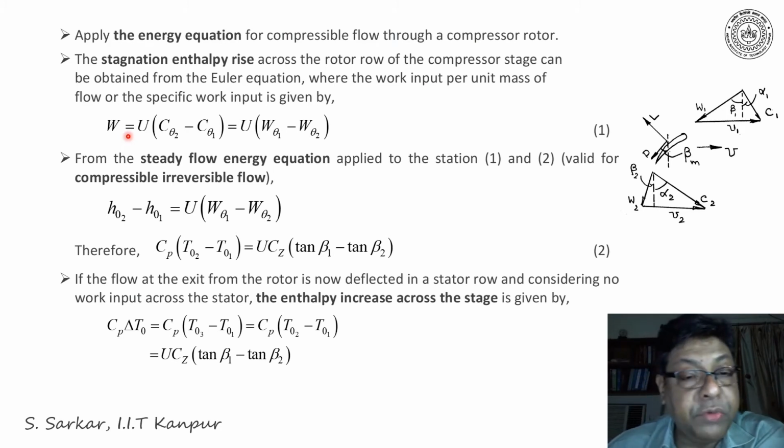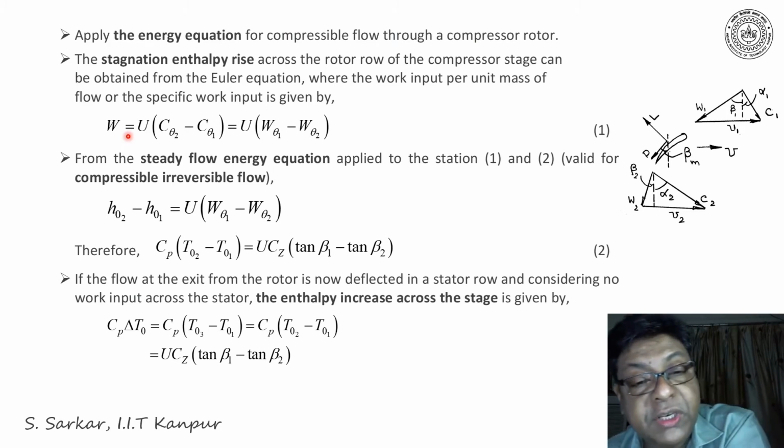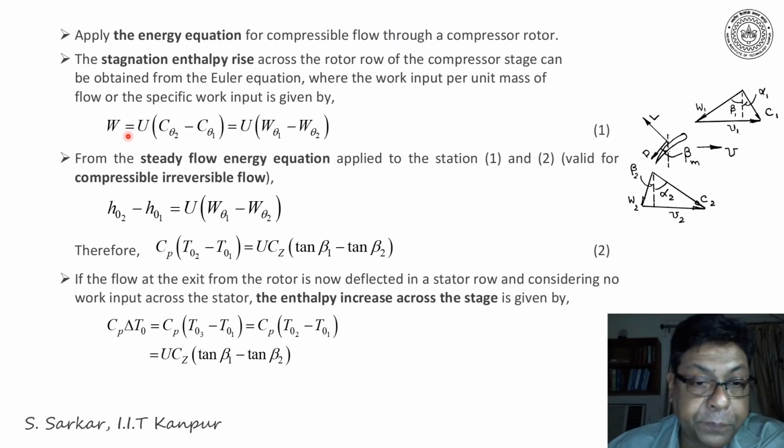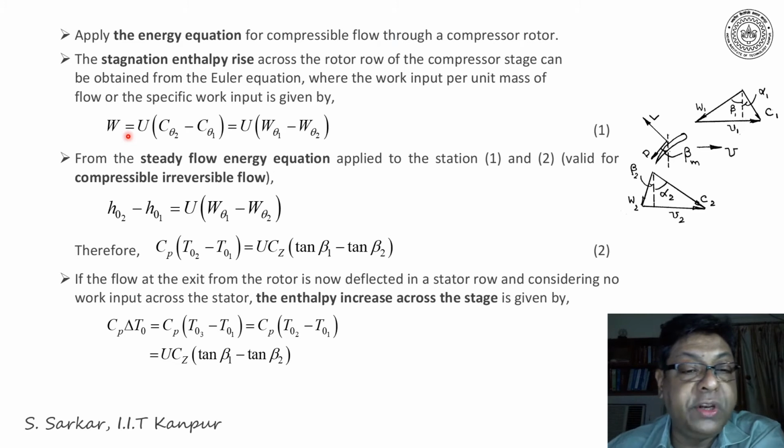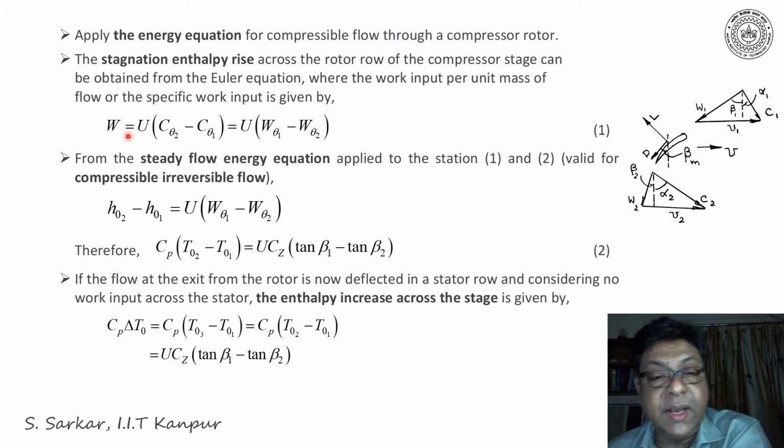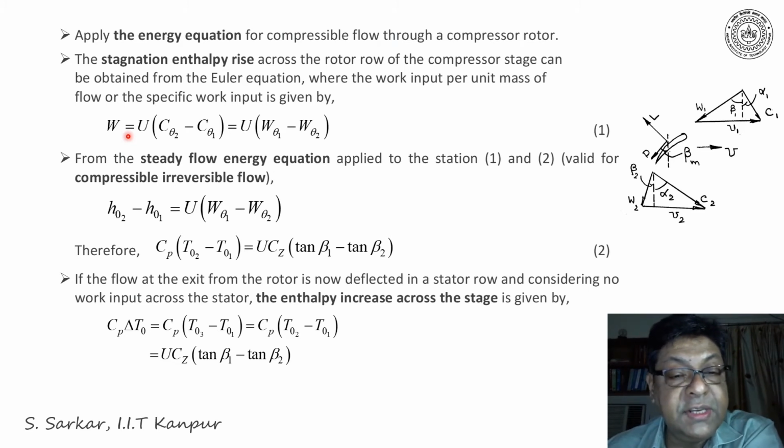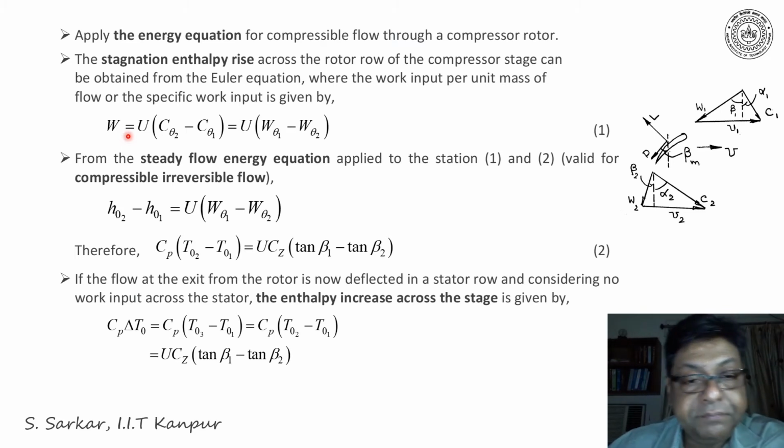That's equal to U into (W theta 1 minus W theta 2), where C theta is the tangential component of C and W theta is the tangential component of W, and U is the blade speed.